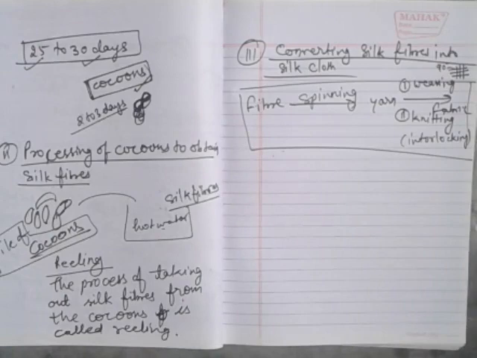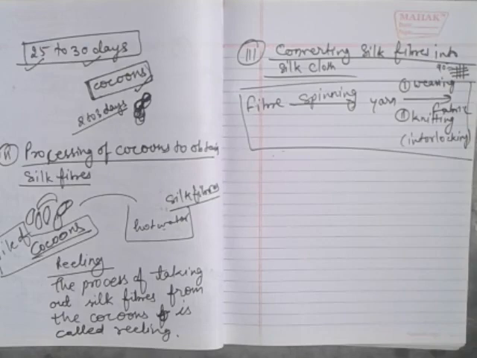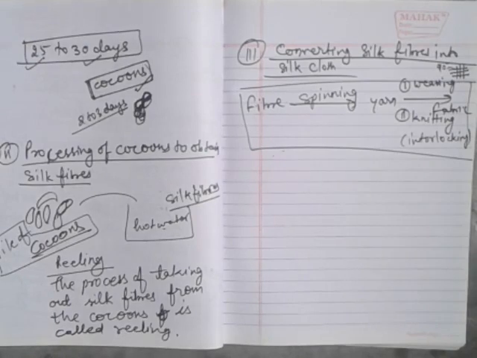So what we obtain in the second step is silk fibers, and finally we want to get silk cloth.